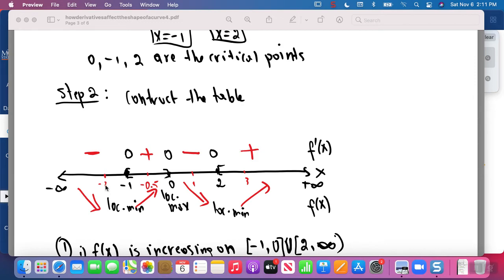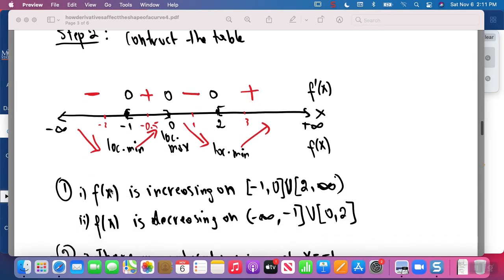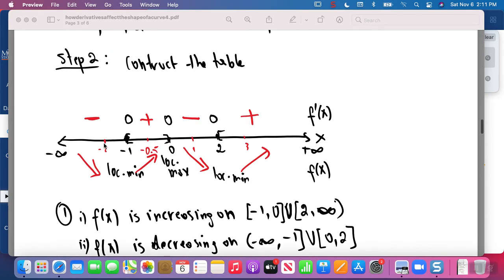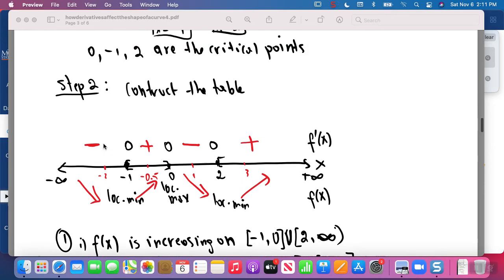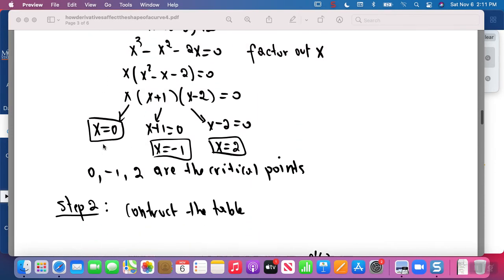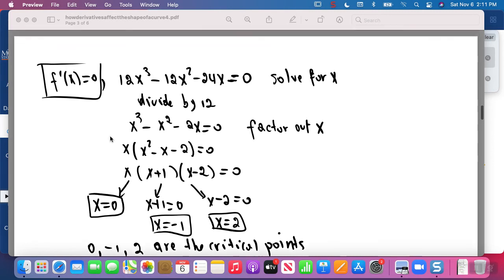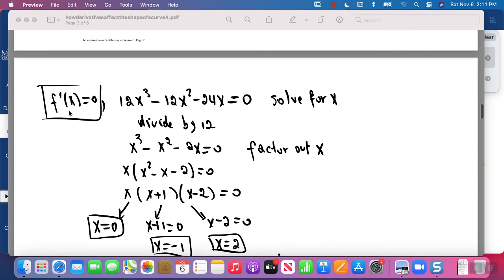So let's pick -2 on the first interval. We take -2 into the first derivative function.